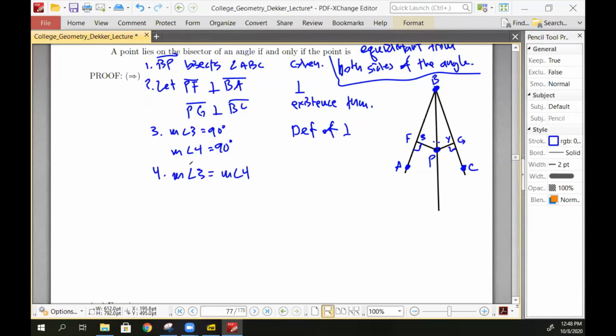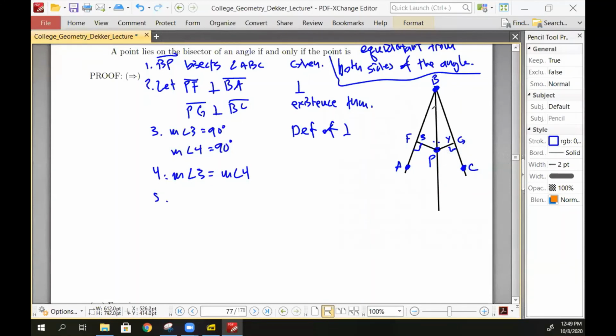All right. So measure of angle 3 is equal to measure of angle 4. That's fantastic. For the next step, we can observe that these two angles are the same.